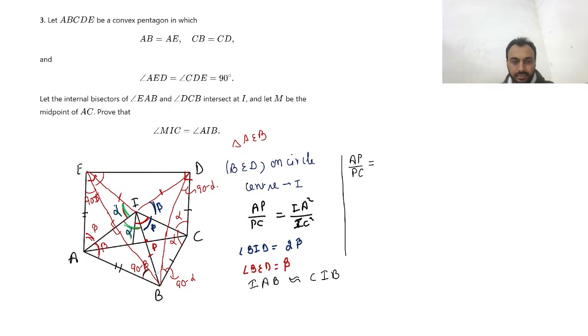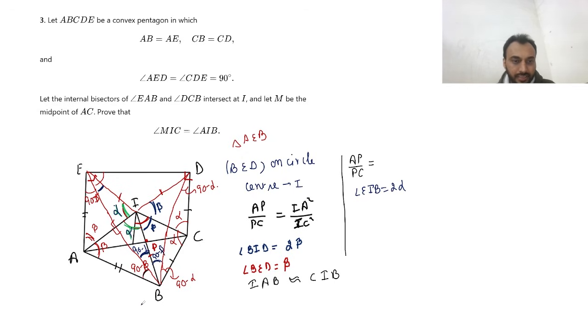As we have this angle 90 minus beta, right? And if you see this angle, you can find out it is equal to this angle, and at the center this angle is 2 alpha. EIB is 2 alpha, so this angle is 90 minus alpha, and similarly this angle becomes 90 minus beta.